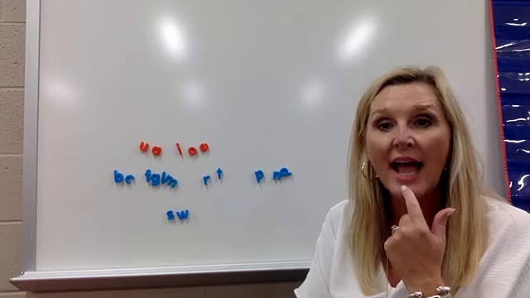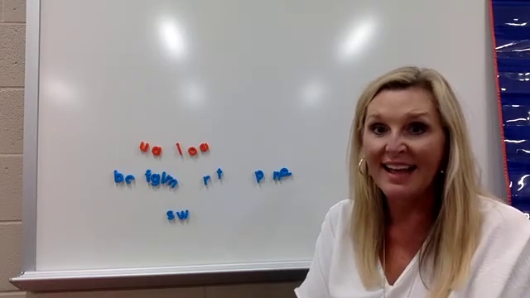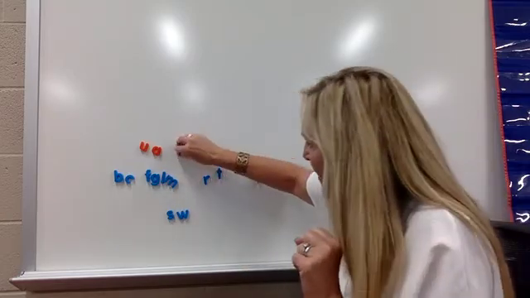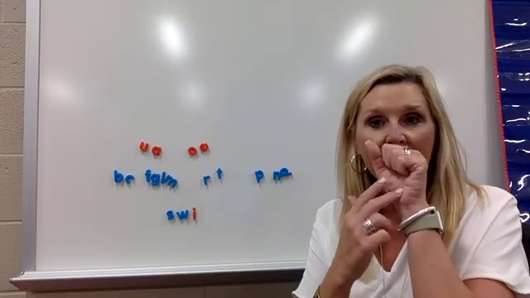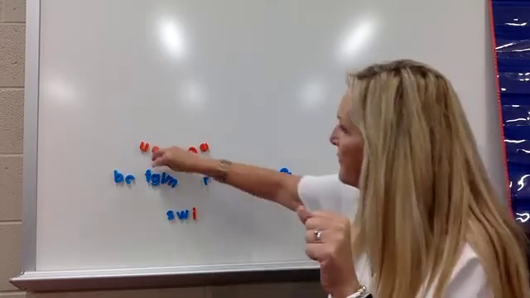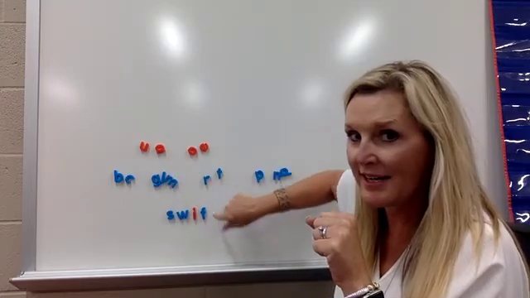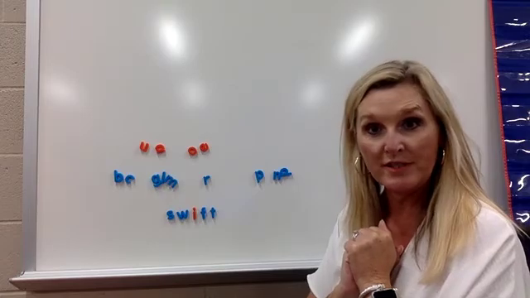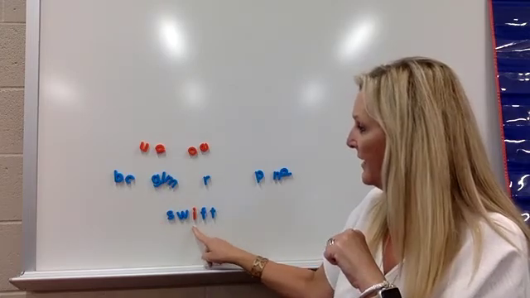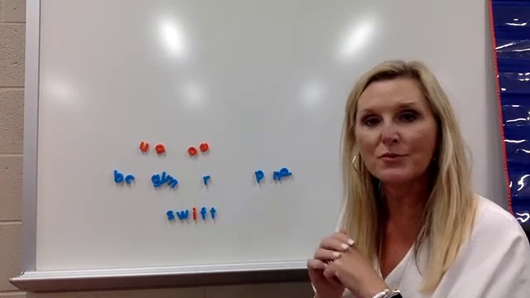I. My mouth is bigger. It's open wider on the E, so it's I. That's right. Swift. Swift. That's letter F, and the last letter is T. Now I'm going to touch and say swift. Say it slowly, swift, and fast like a word, swift.